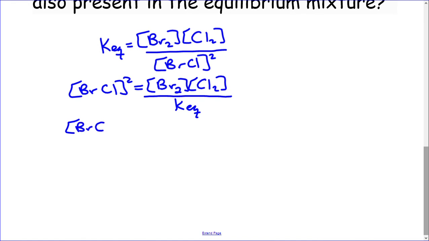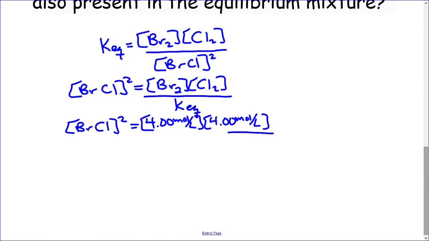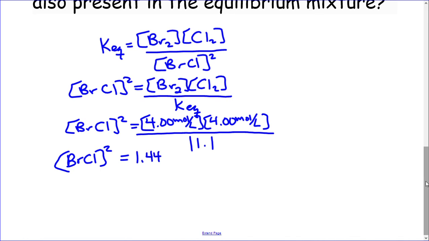So BrCl squared equals, I have 4 moles of each one of them, so 4.00 moles per liter and 4.00 moles per liter, all divided by 11.1. That means 4 times 4 is 16, and 16 divided by 11.1 gives me 1.44 moles per liter.